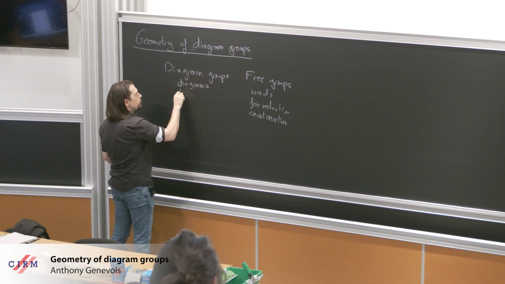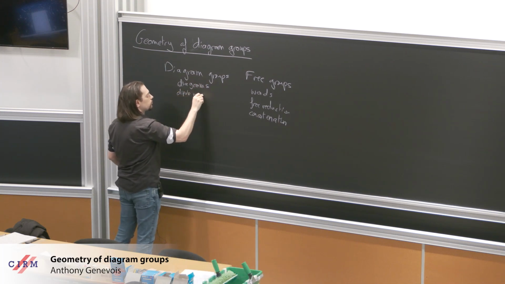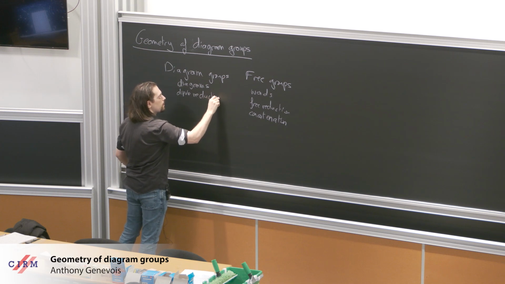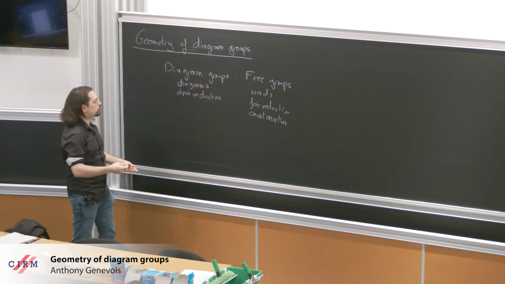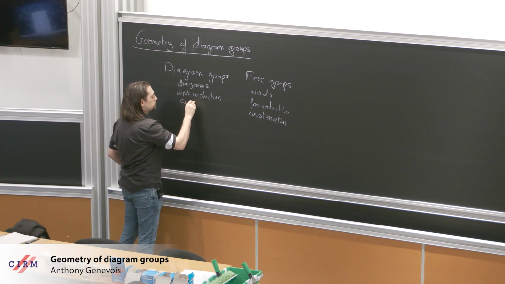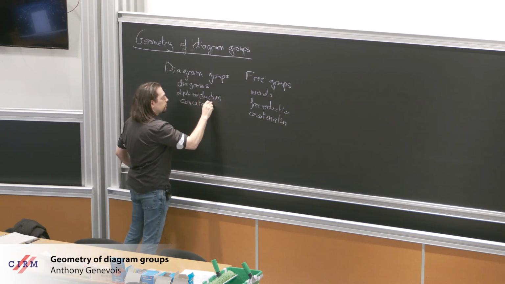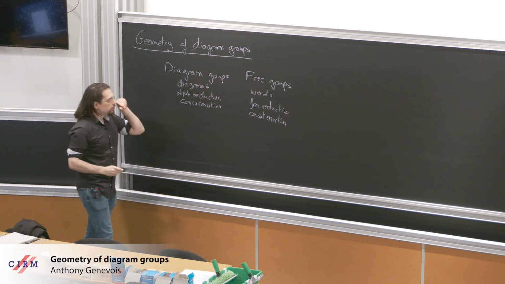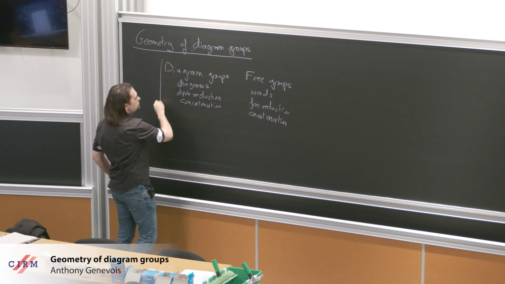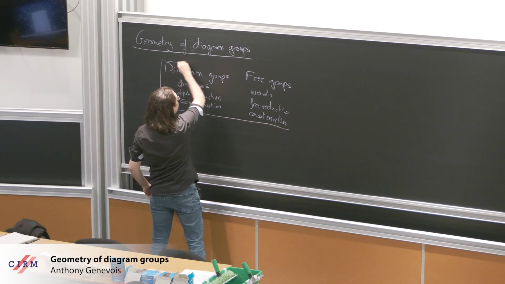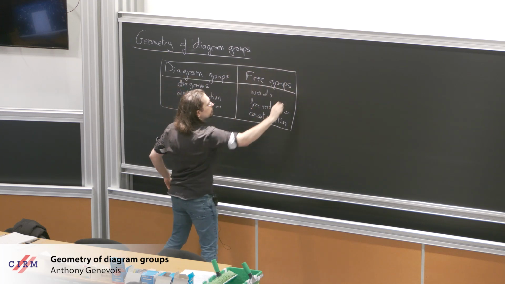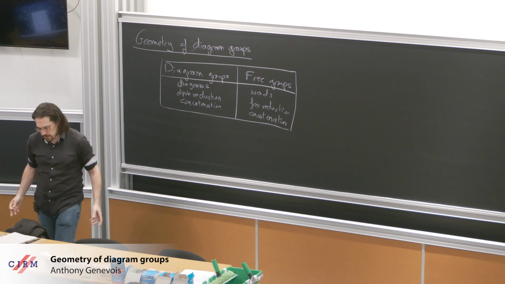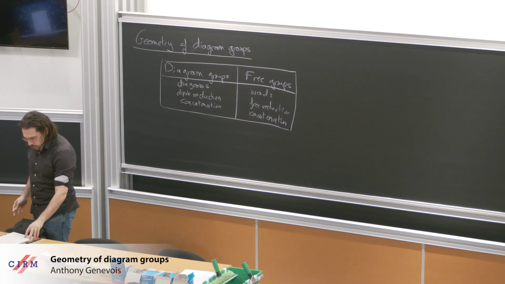You have a notion of dipole reduction, and the product of diagrams is again just the concatenation. So, loosely speaking, one can say that diagram groups are like free groups, but in 2 dimensions, in some sense. So where is the geometry in all this?